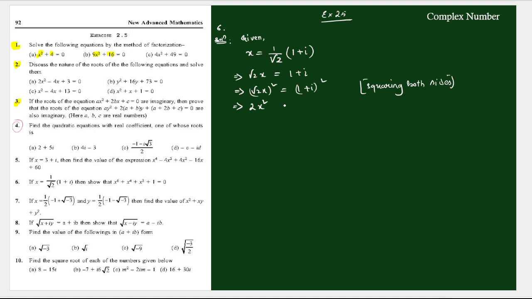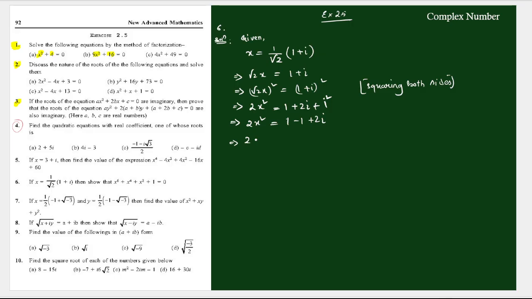So what will this be? 2x square, and this side comes 1 plus 2i minus i square, meaning what? Here i square is minus 1, so everything becomes plus. So 1 minus 1 plus 2i, so it becomes 0. We have got only 2i.